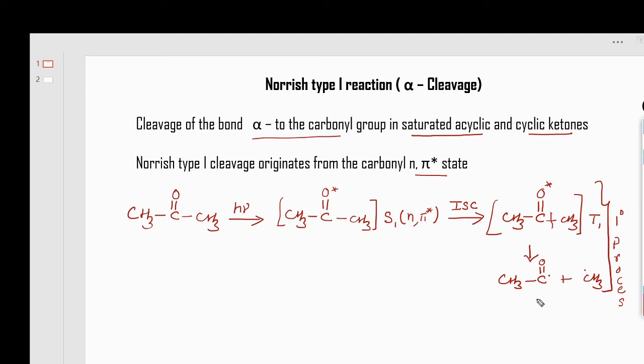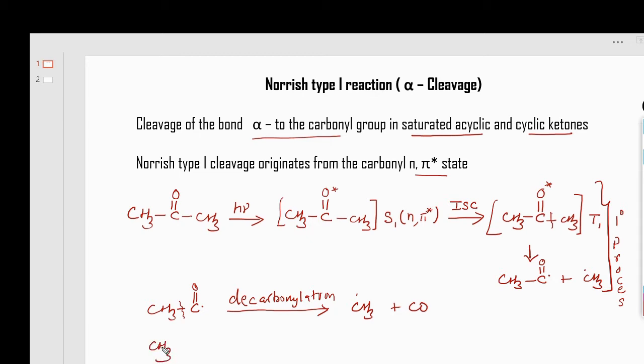Now let's move on. What happens to the formed radicals? CH3CO radical, this is the radical that's formed, and this can undergo decarbonylation to give CH3 radical. So this bond breaks in a homolytic manner. This portion becomes carbon monoxide, and this portion becomes methyl radical.